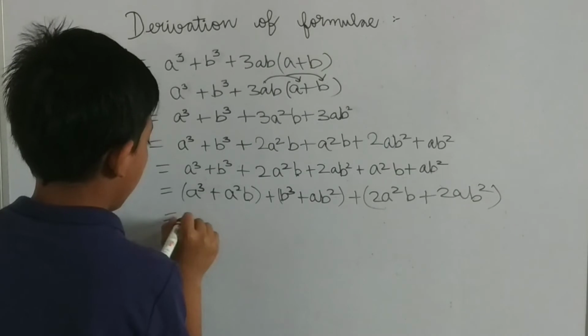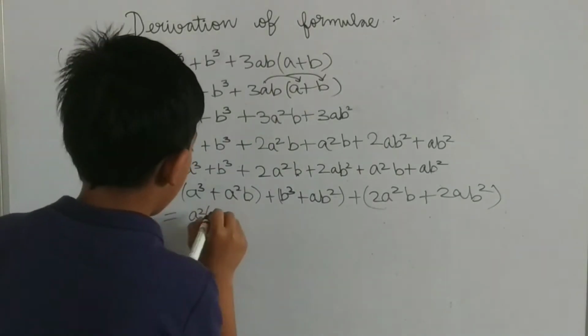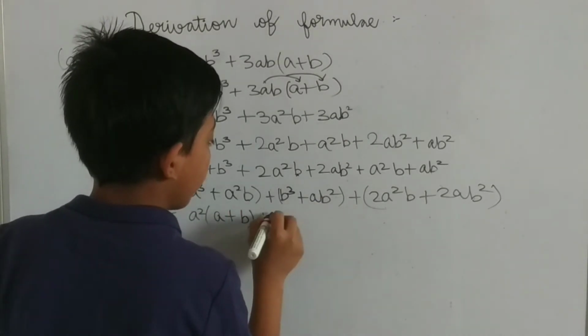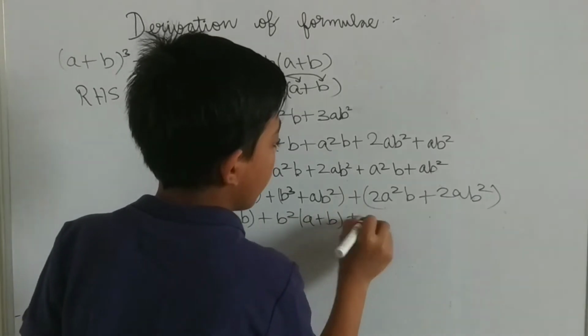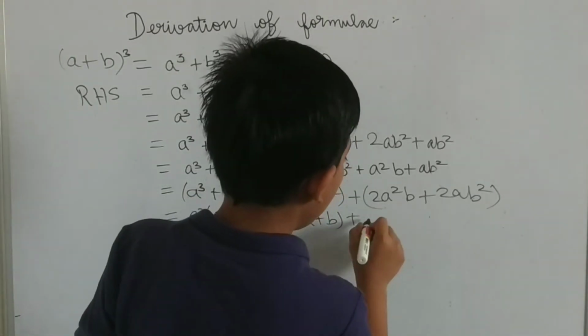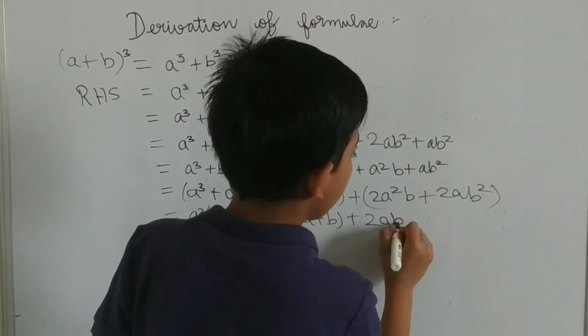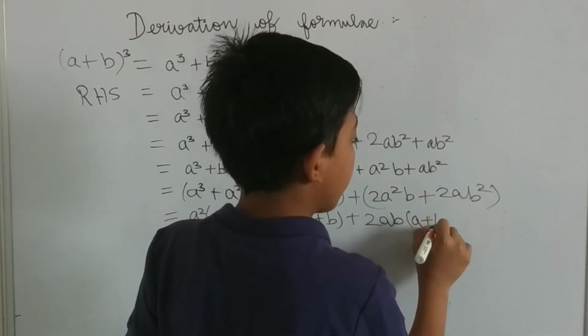Now here a² will be common, then in bracket (a + b), here b² will be common, in bracket (a + b). Now here 2 common, then a common and b. That is 2ab will be common, in bracket again (a + b).